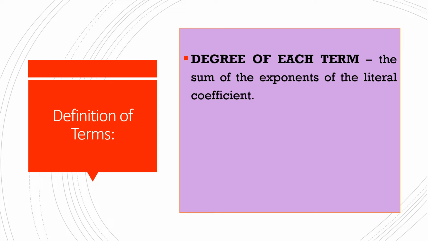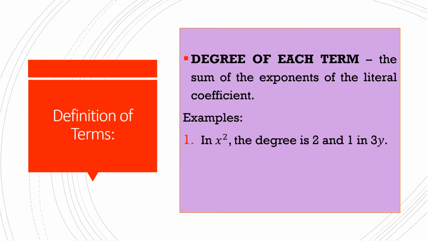Next, we have the degree of each term. It refers to the sum of the exponents of the literal coefficient. For example, in number 1, if we have the literal coefficient x squared, since its exponent is 2, it means that the degree of this is 2.